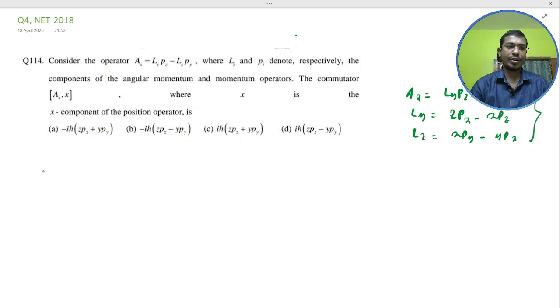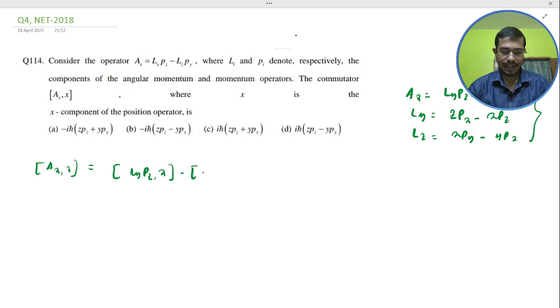This is given. So you have to find the commutator of X with x. Just put this value: Ly Pz with x minus Lz Py with x.